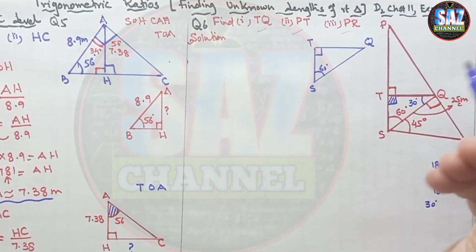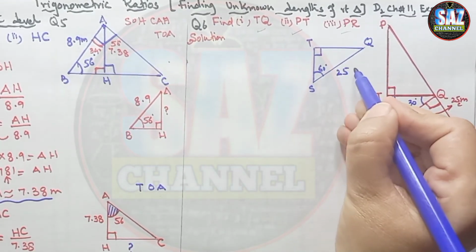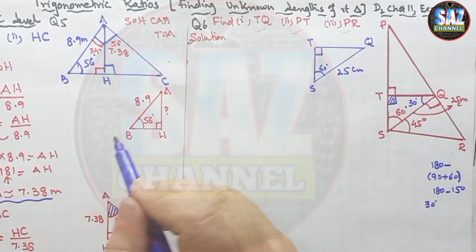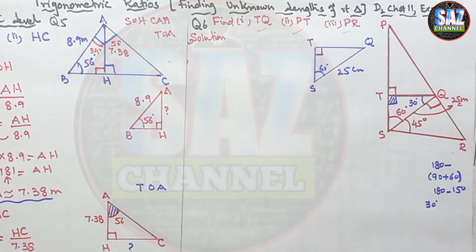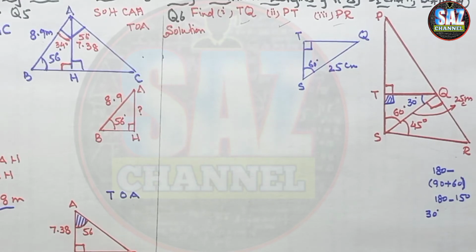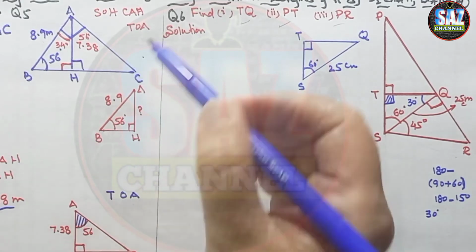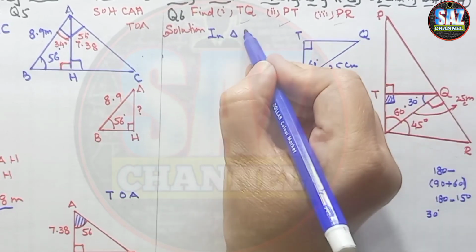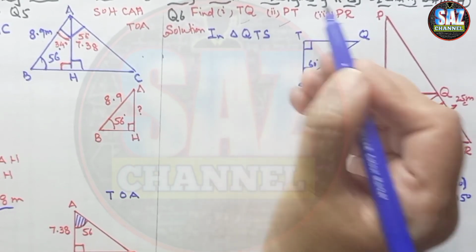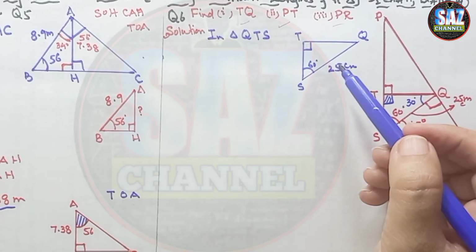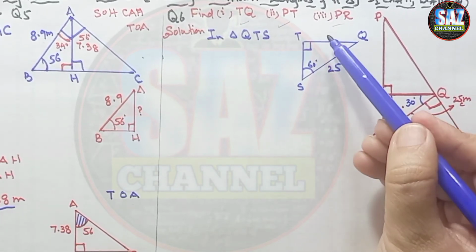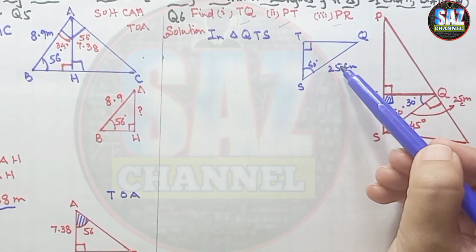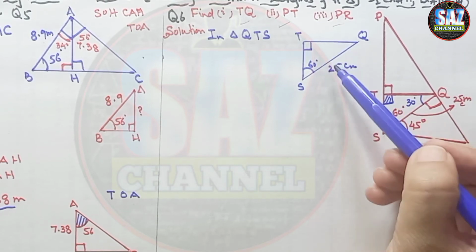Okay, and this side is 25 centimeters. We have to find the TQ length in triangle QTS. Now decide which trigonometric ratio is suitable, that is opposite upon hypotenuse.